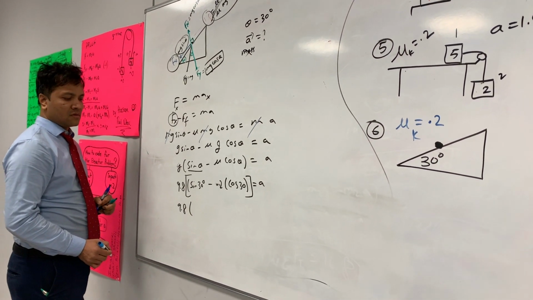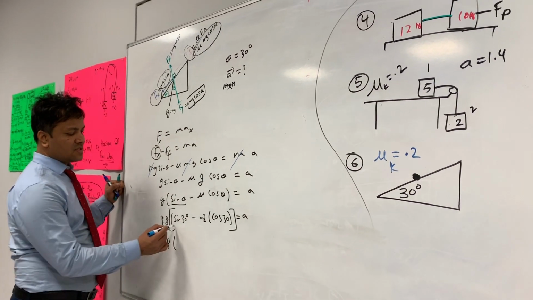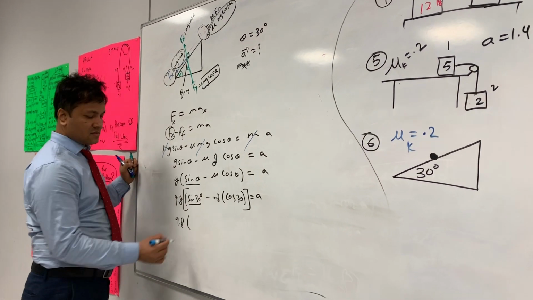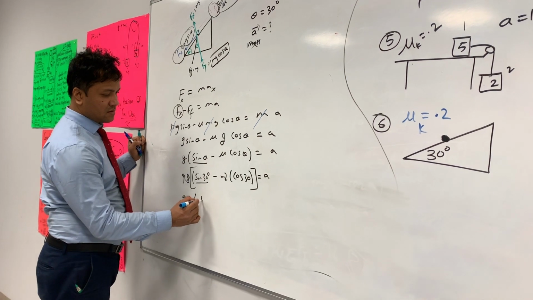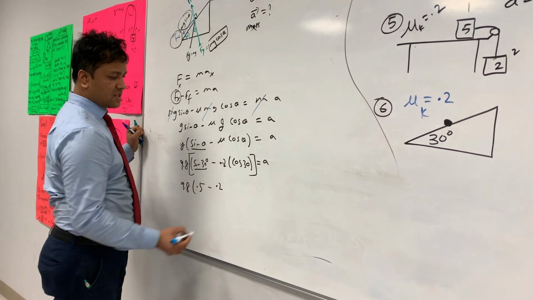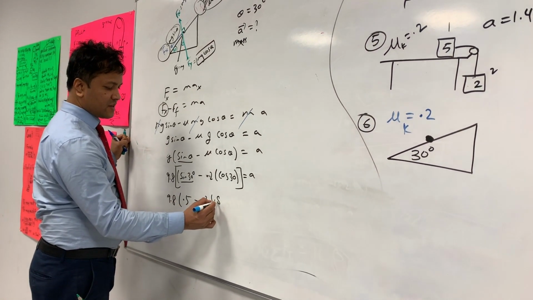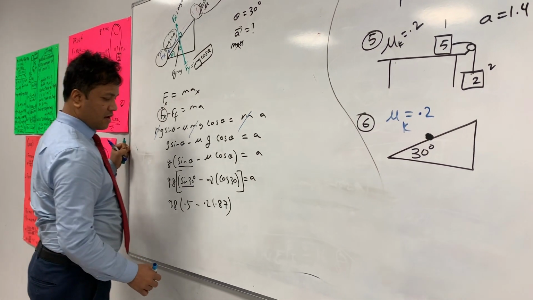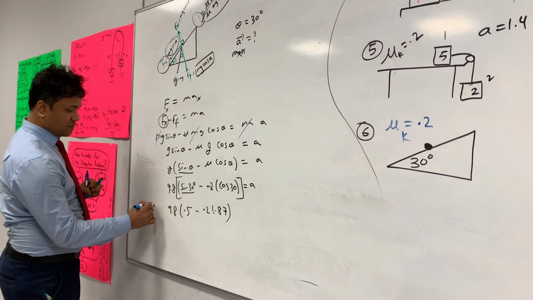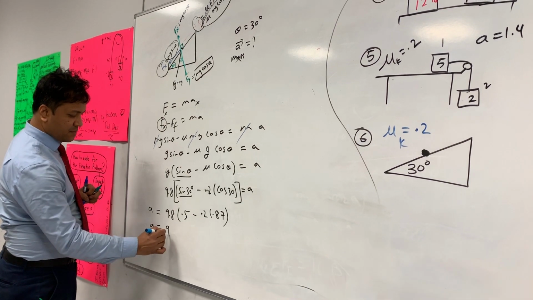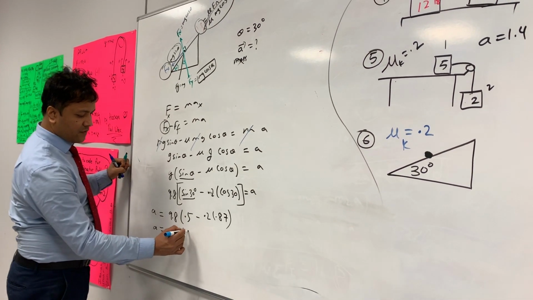Sine 30 is half, 0.5. Cosine 30 is 0.87. So the acceleration is 9.8 times 0.5 minus 0.2 times 0.87.